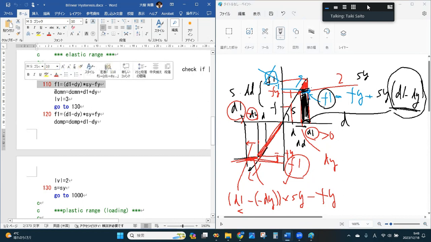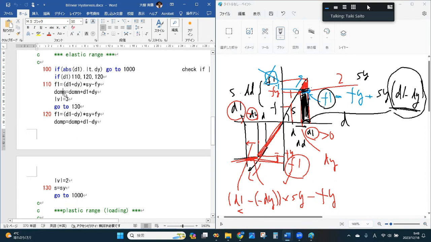And the cumulative plastic deformation of the negative side, this n is the negative side. Another one was positive. This one is negative, and this is a negative deformation. This slope we put number 3. This is number 2, the positive side. The negative side is number 3.